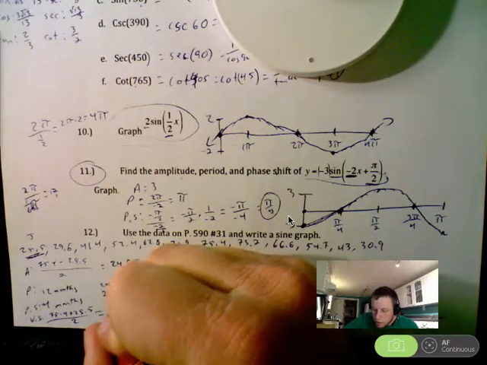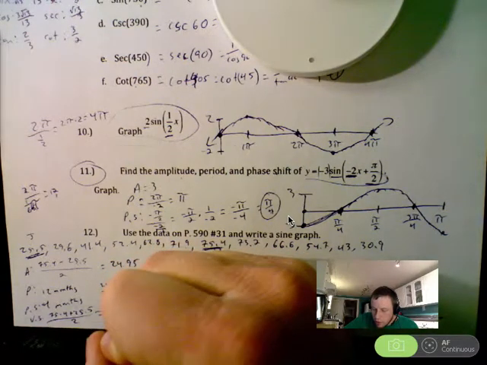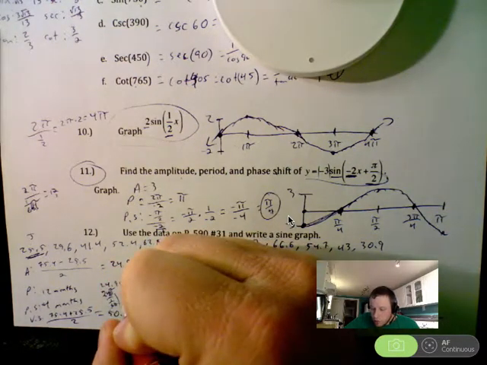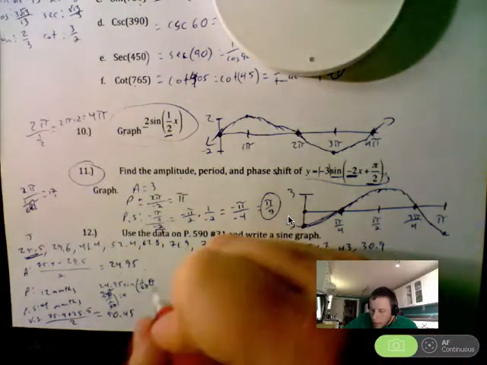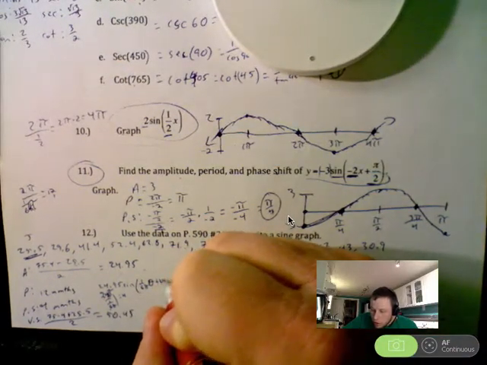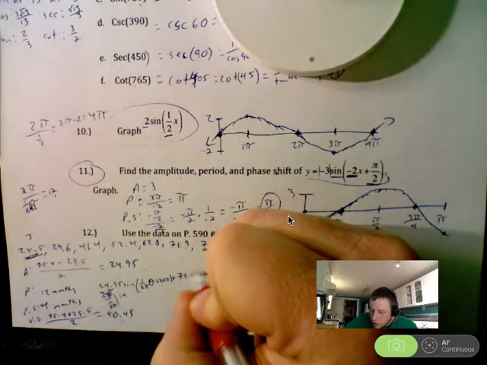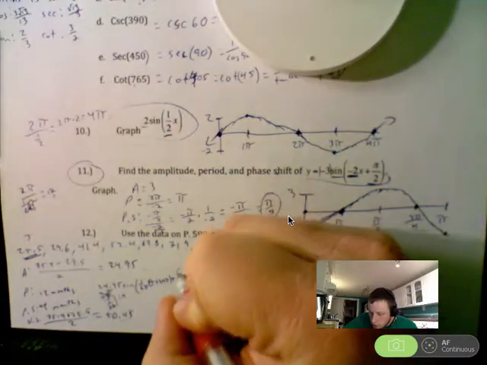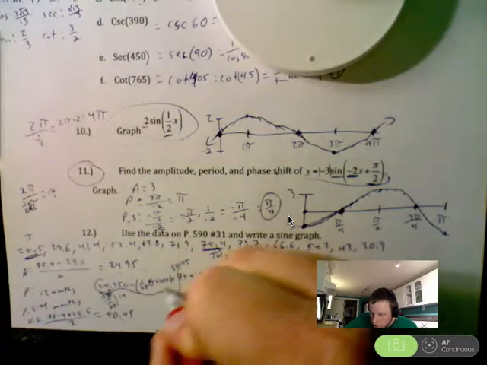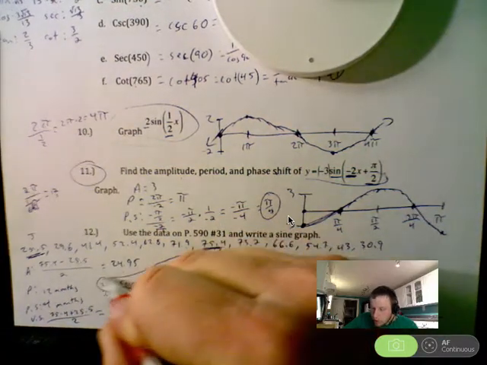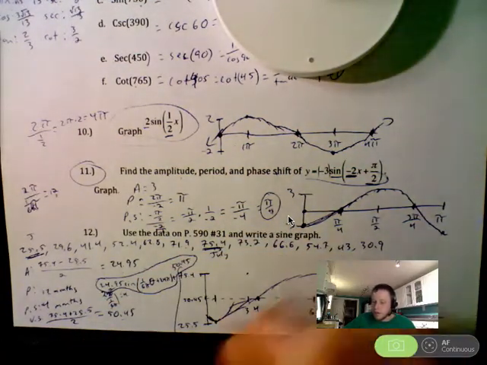And 24 pi, because 24 divided by 6 ends up being 4. The pi's cancel. So plus 24 pi, and then plus our vertical shift, plus 50.45. So here is your equation for that. Here's the graph. This is bonus.